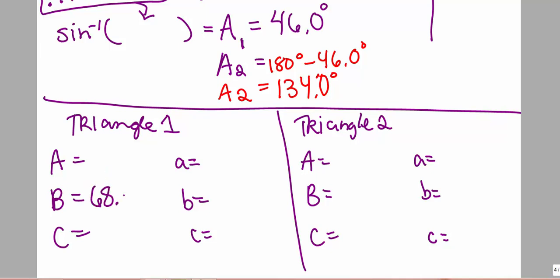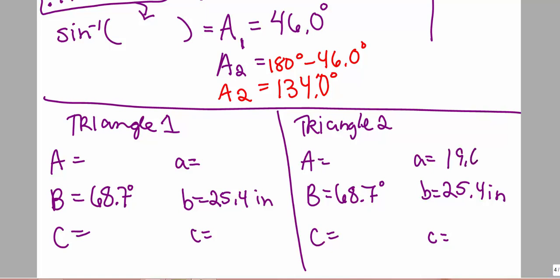Angle B must be 68.7 degrees. That's what we were given originally for angle B, and that's not going to change in either triangle. Also, side B was 25.4 inches, and that's not going to change. And side A, 19.6 inches. These are the three original values that we were given. So what we're going to solve for is potentially angle A, angle C, and side C for triangle 1, and the same thing for triangle 2.